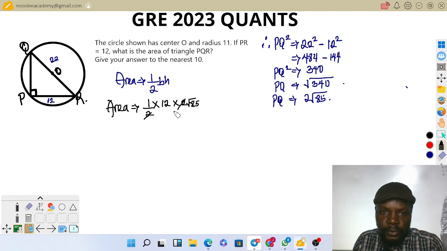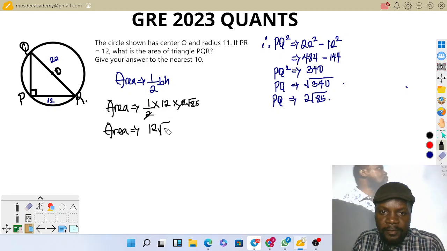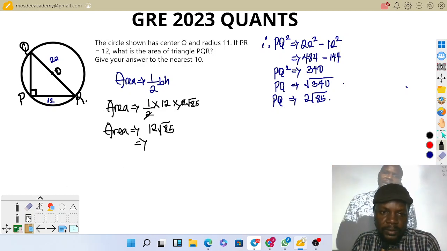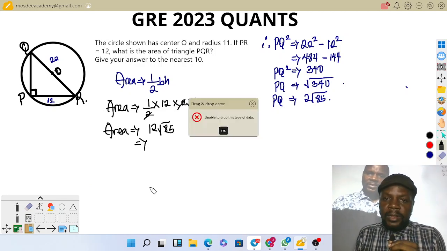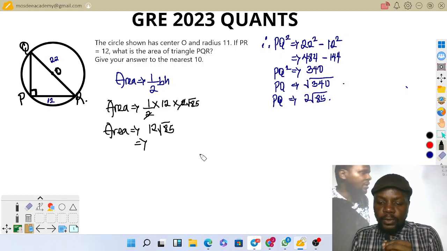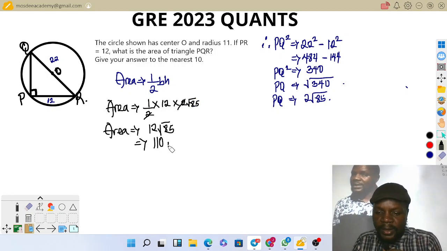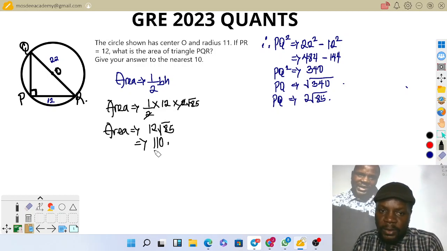The 2 can cancel, so your area is 12 root 85. Remember, you have to give your answer to the nearest 10. If we punch this into the calculator, 12 root 85 should give us something like 110 point something. To the nearest 10, this should be 110. This makes sense.